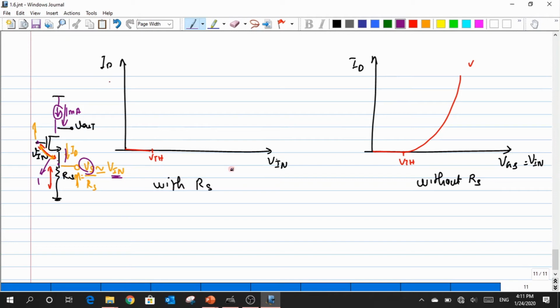When I try to plot ID versus Vin, you would get some sort of straight line or a slope. Okay, and the value of this slope is actually equal to 1 by Rs. Okay. Now we will utilize this result later on, when we discuss the common drain amplifier. But as of now, the current that I had here was more non-linear, whereas the current that I am having here for a source degeneration is more linear.